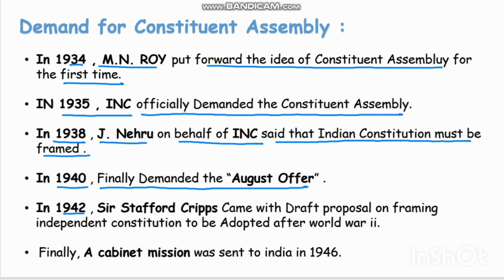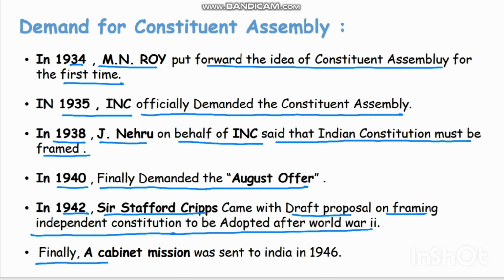And in 1942, Sir Stafford Cripps came with a draft proposal on framing an independent constitution, to be adopted after World War II if we gave them help in World War II.